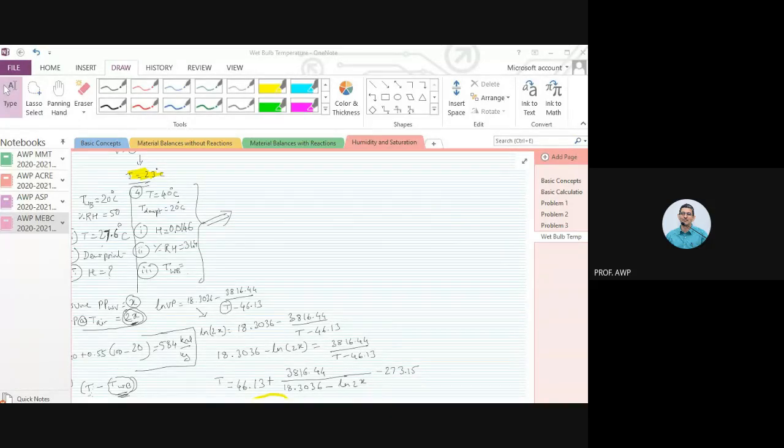That can be one way of solving. Or in Excel, there is a function called Solver and Goal Seek. Suppose we want to solve this equation: x square minus 5x plus 6 is equal to 0. What are the roots? Obviously, we know that x equal to 3 is a root and x equal to 2 is a root, right?